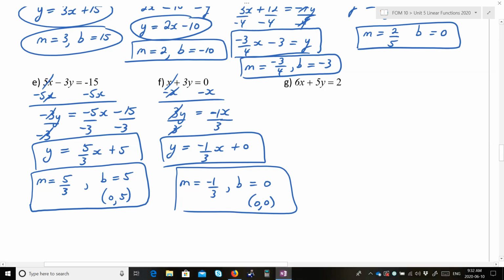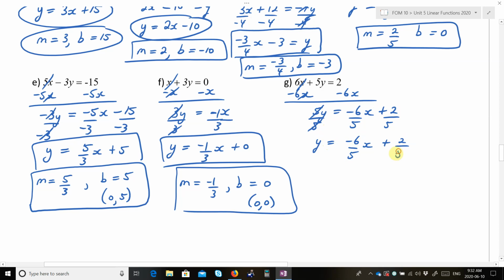Letter F, we've got y equals negative 1/3 x, so the slope is negative 1/3, b, the y-intercept is 0, 0. Okay, and letter G, let's get y by itself. Negative 6x plus 2, divide by 5. So y is equal to negative 6/5 times x plus 2/5. The slope is negative 6/5, and b, the y-intercept, is 2/5.